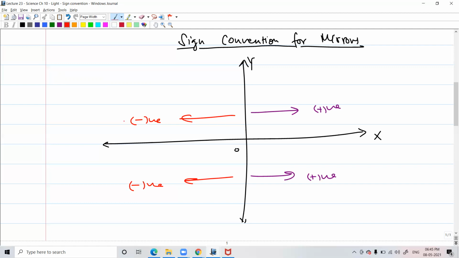In the same way, when something is above the x-axis, it is positive. Whether it's this side or this side doesn't matter. Above the x-axis it's positive, and below, it will be negative.